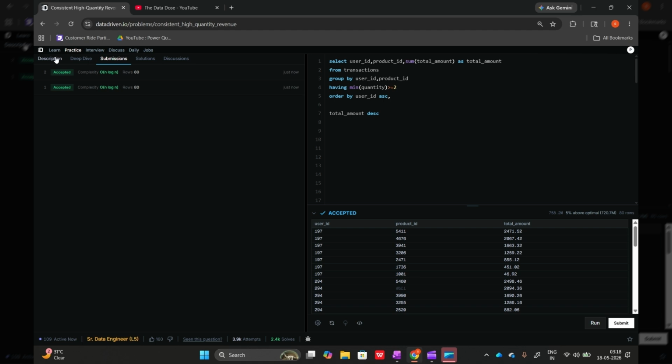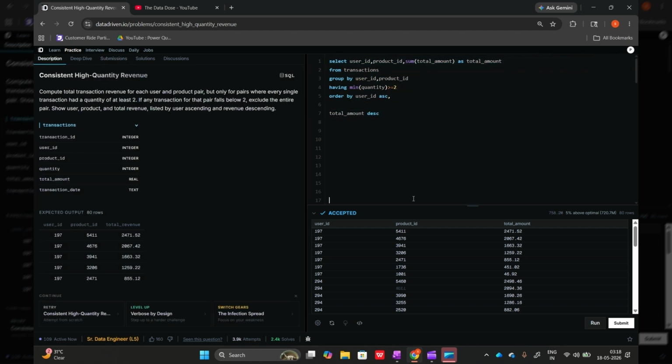While solving the problem, what I initially did was, instead of HAVING here, I wrote WHERE the quantity is greater than or equal to 2. This gave me an error.